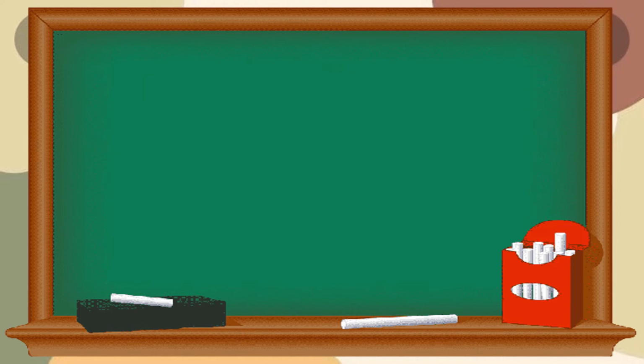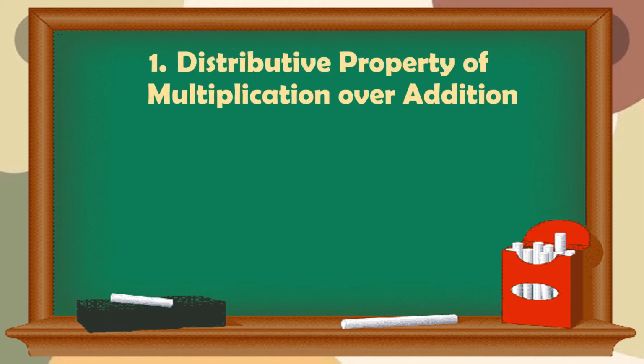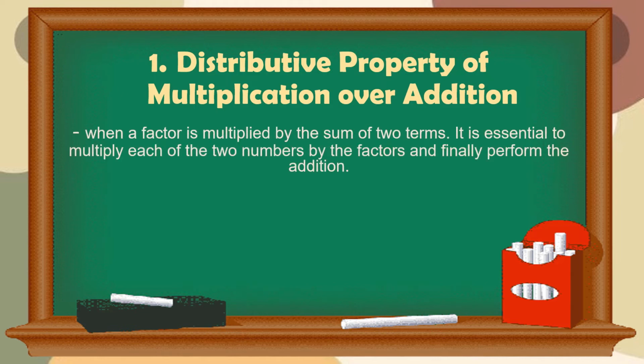The first one is distributive property of multiplication over addition. It is when a factor is multiplied by the sum of two terms. It is essential to multiply each of the two numbers by the factors and finally perform the addition. Let's take a look at our example.